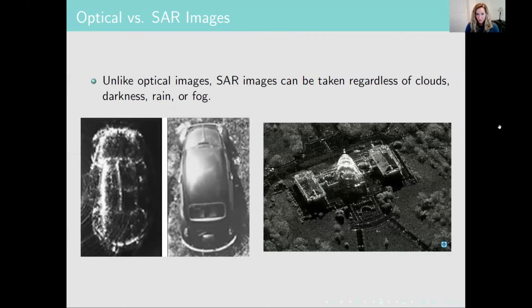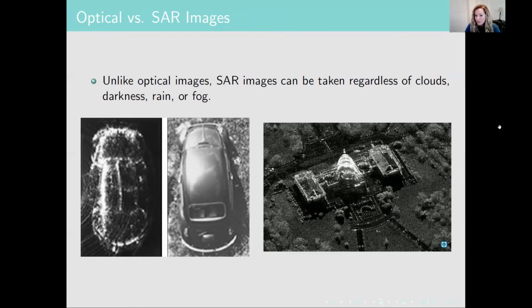So if you imagine you're in a dark room and you don't have a flash, well, you can't really take a picture. Or if there's a lot of fog and you want to take a picture from a plane down below, well, you can't see it. Turns out that SAR images can be taken regardless of clouds, darkness, rain, or fog because it doesn't rely on light. We're sending radio waves, and so we can use it in all of these circumstances.